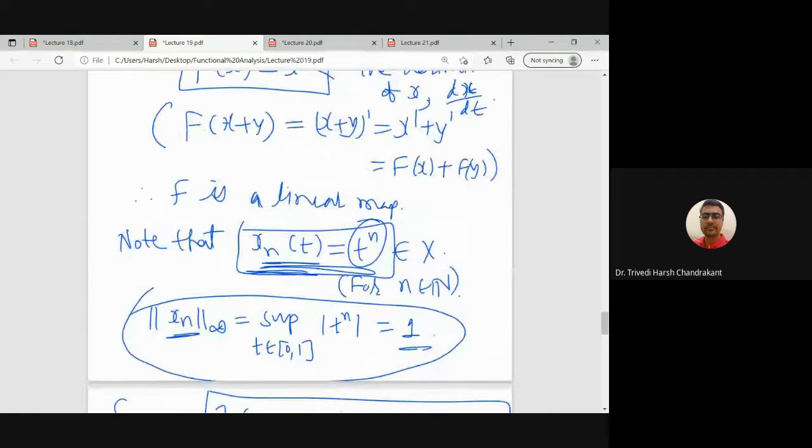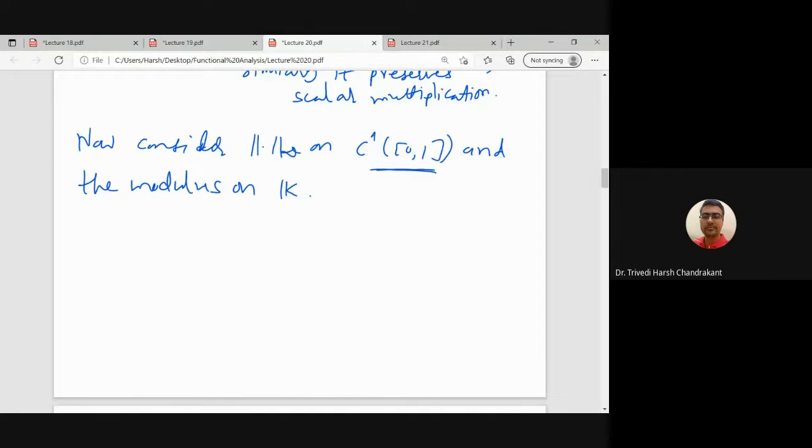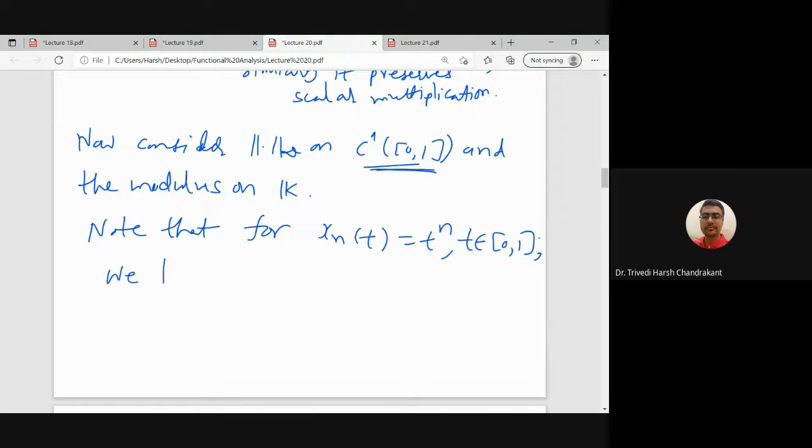Let us try the same sequence, t to the power n. So note that xn(t), these are elements of the domain C[0,1], that is t to the power n, t belongs to the closed interval [0,1]. For this set, all of these elements have sup norm 1, right?